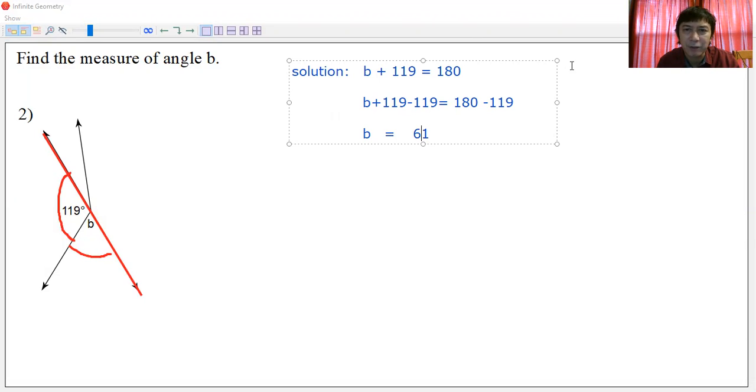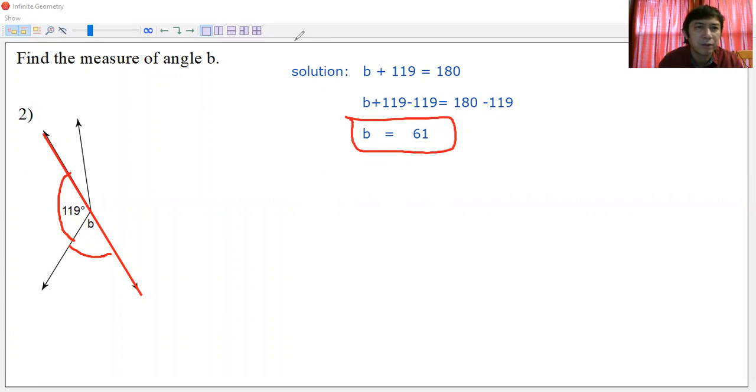All right, let us verify the answer. Our answer is 61 degrees, and we can verify that on the other side there. The numbers below the diagram confirm 61 degrees. Very simple. These are a supplementary angle pair.